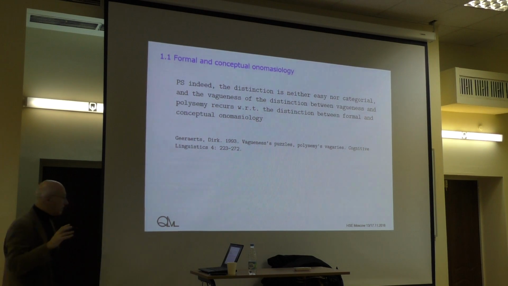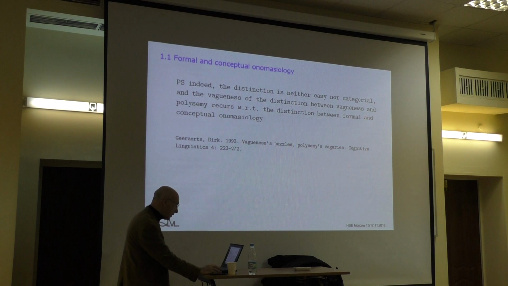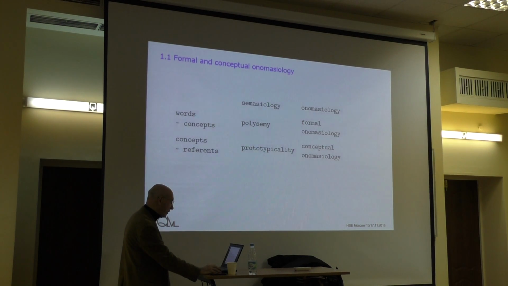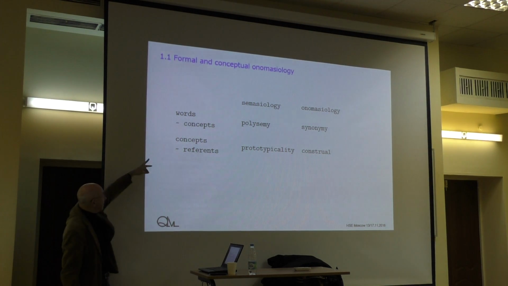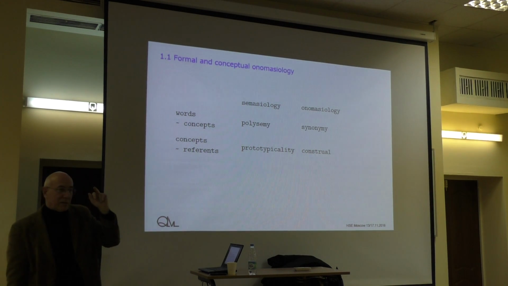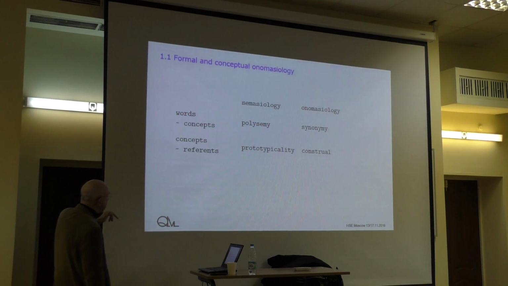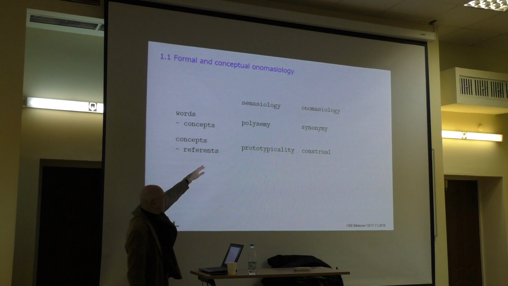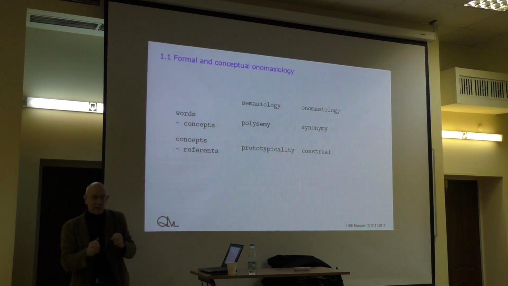Two footnotes, in a sense. One footnote is, I've spent quite a bit of my career showing that a systematic distinction between these three levels is sometimes difficult, and that specifically the distinction between polysemy and prototypicality is not always given. There's a lot of flexibility there.